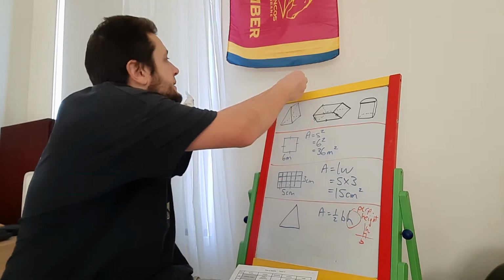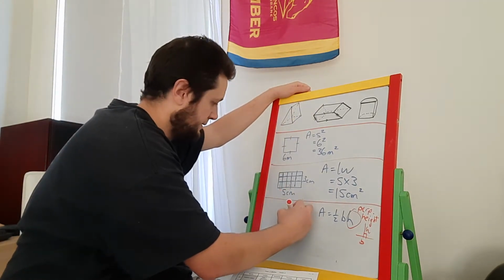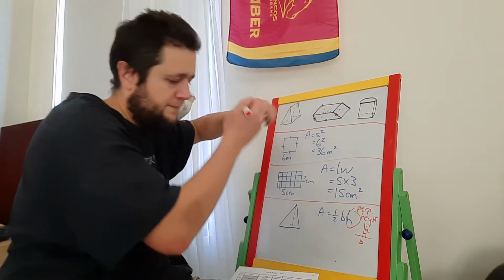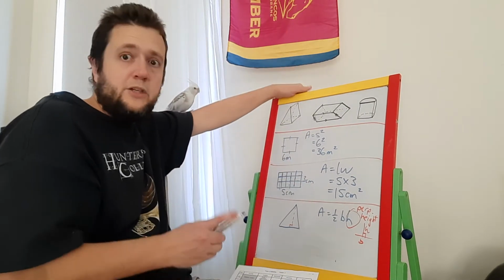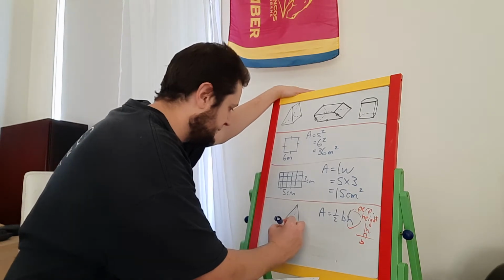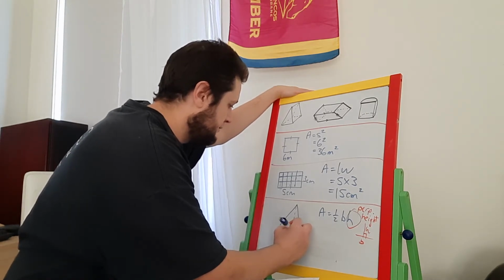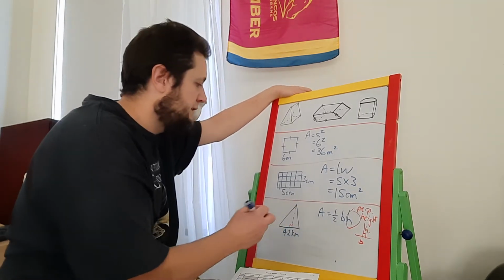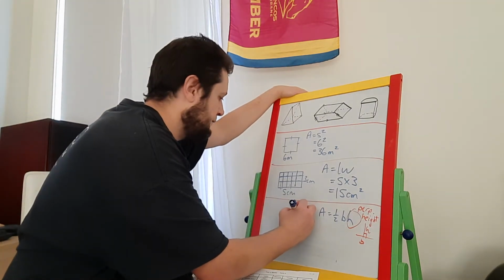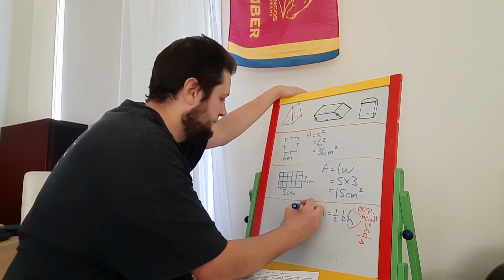So in this case here, as I'm just doing a quick one, it's going to be a huge triangle. I'm going to make it 4.2 kilometres in this direction, and I'll make it 4 kilometres in here.